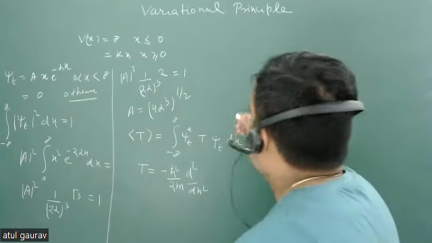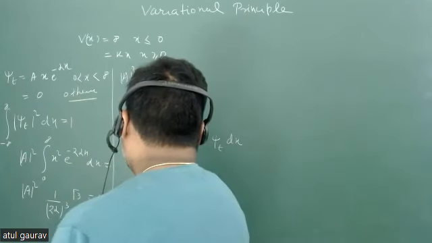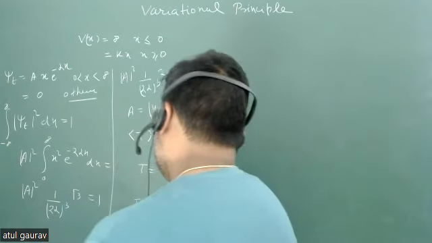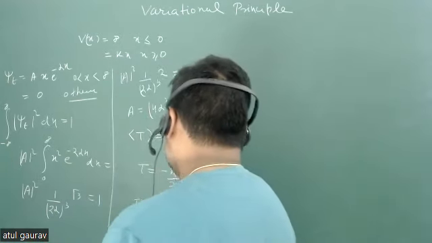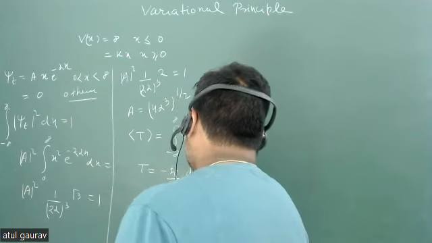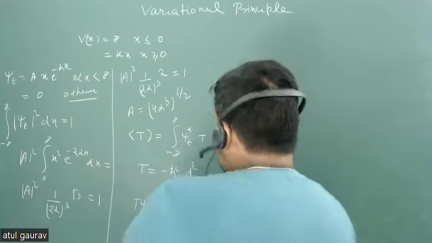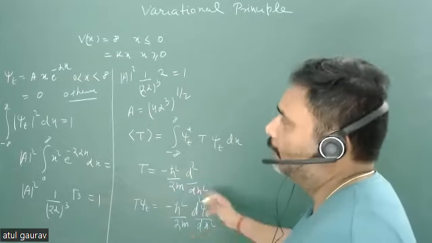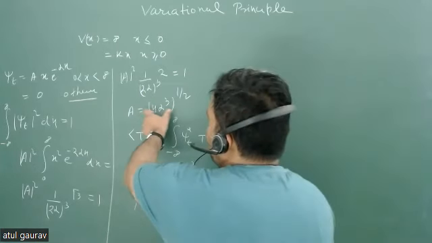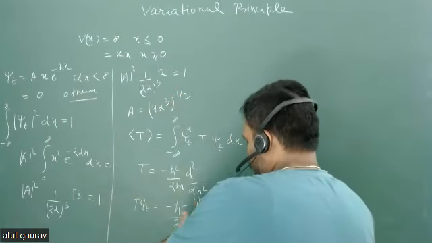This is very interesting. If I am talking about T psi_t, and this psi_t is the trial wave function, then we have to go for minus h-bar squared upon 2m times d^2 psi_t/dx^2. So we have to take the second-order derivative of this wave function. Right now I am ignoring this particular (4 alpha^3)^(1/2) because I have to just go for this one.